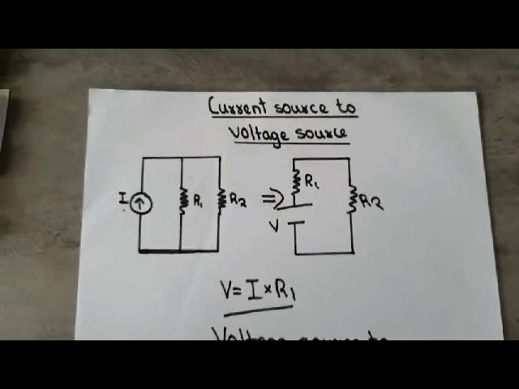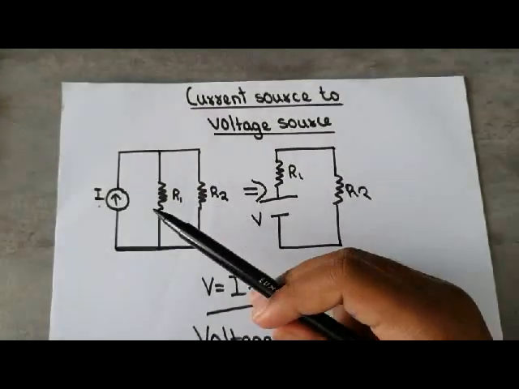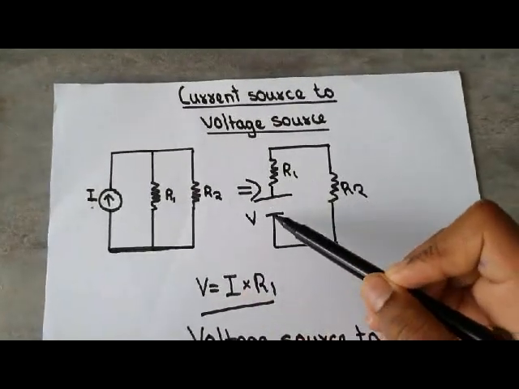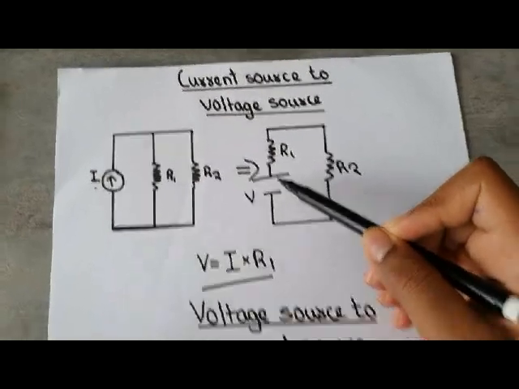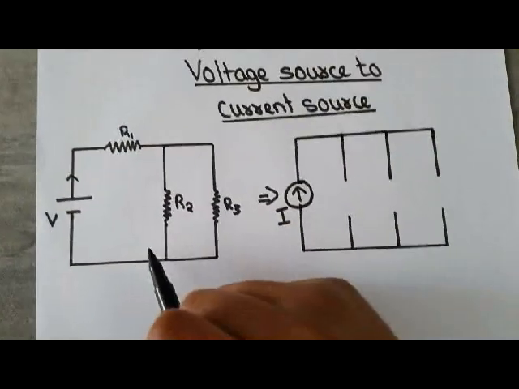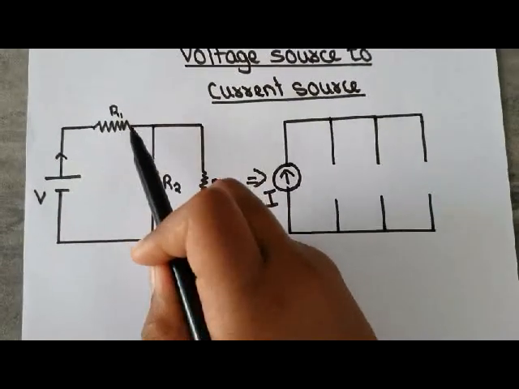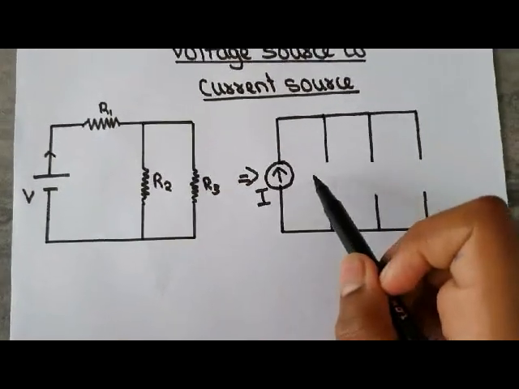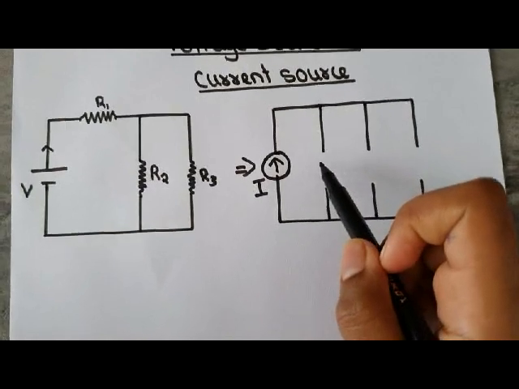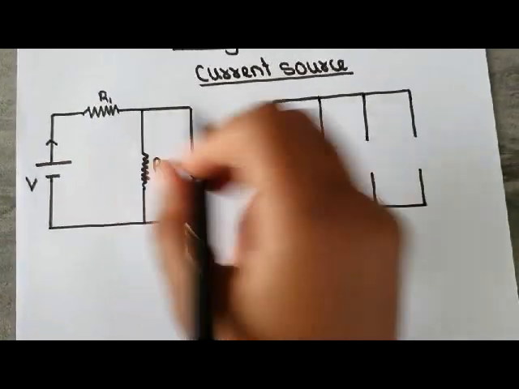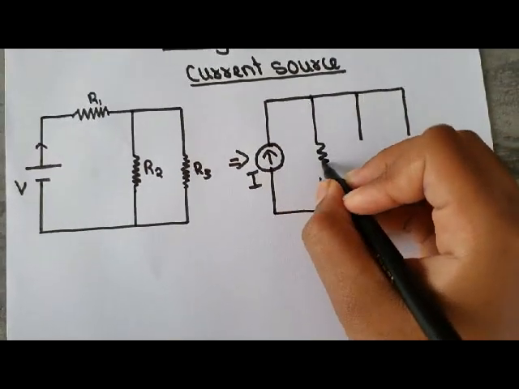In the current source, we saw that the parallel R1 is connected in series when it comes to the voltage source. In voltage source to current source, the series R1 will be connected in parallel when it comes to the current source. So the R1 here will be connected in parallel here.